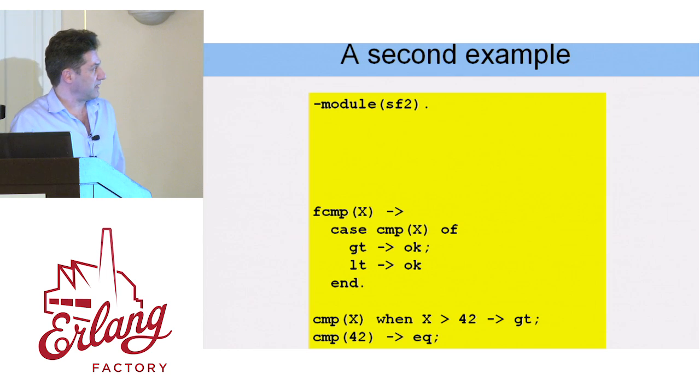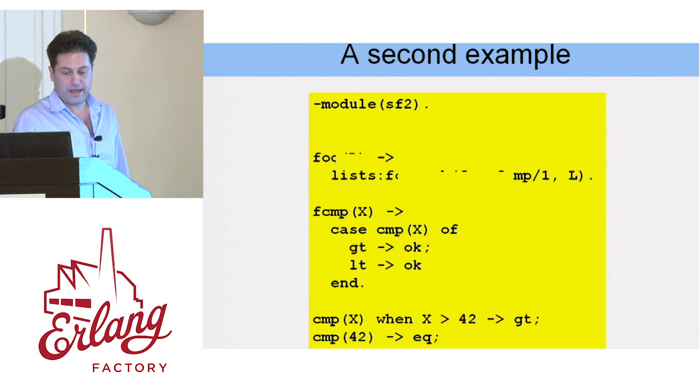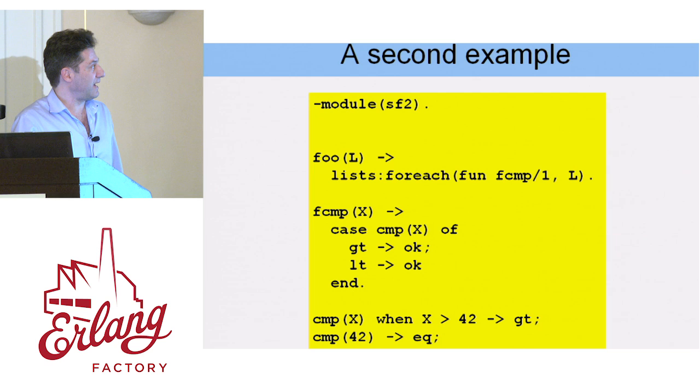We have an fCompare function that has a sort of obvious error. It ignores the EQ case. And we have a higher order function that takes a list and then calls list for each with the fCompare on each element of this list.